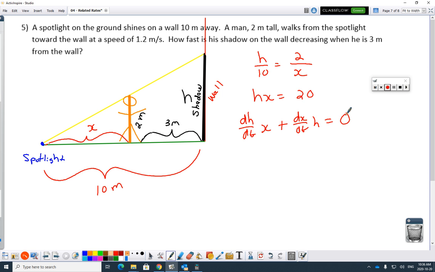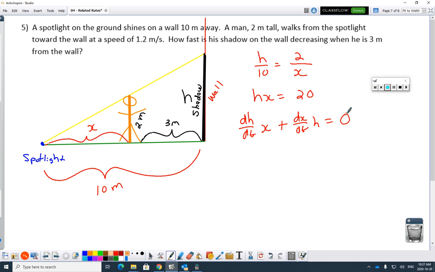If you have a question. Yeah, I know. It's so tempting to use that 3 in there. What I need to say is that 3 isn't always 3. So I can't use it because it's not always 3. I can sub it in afterwards, but since it's not always 3, I can't use it. Whereas this distance, the spotlight to the wall, is always 10. So I can use it in my equation.